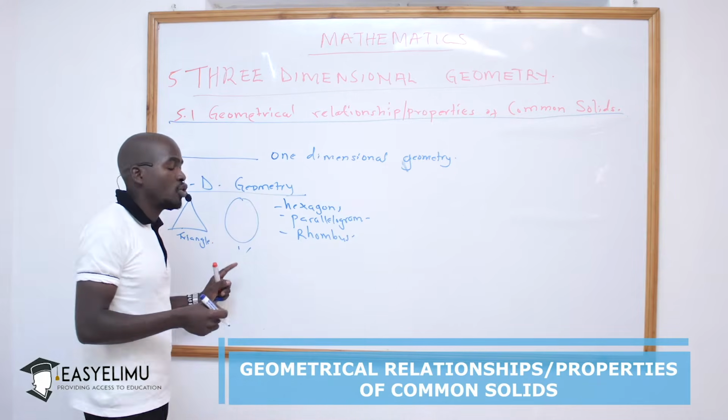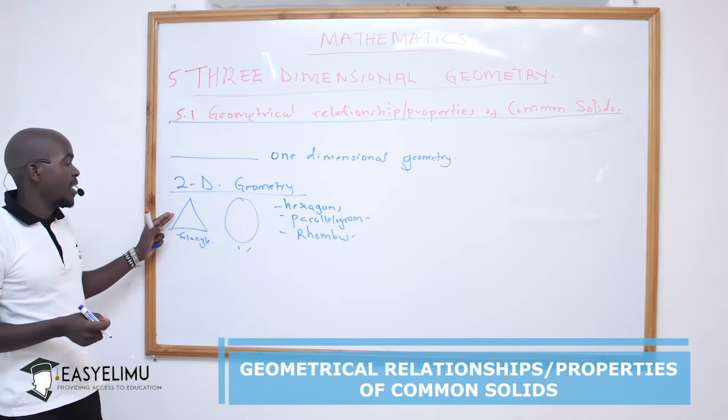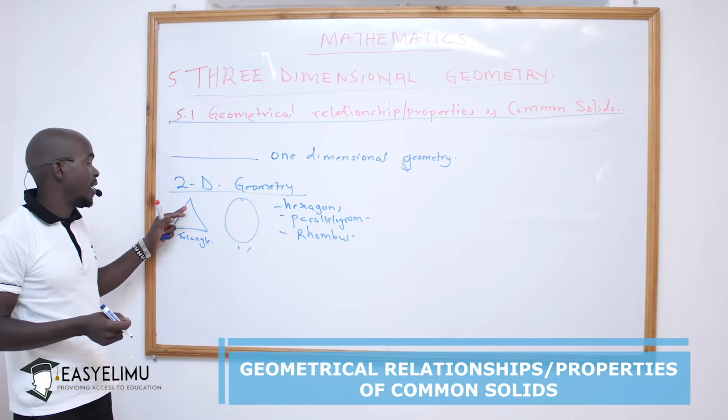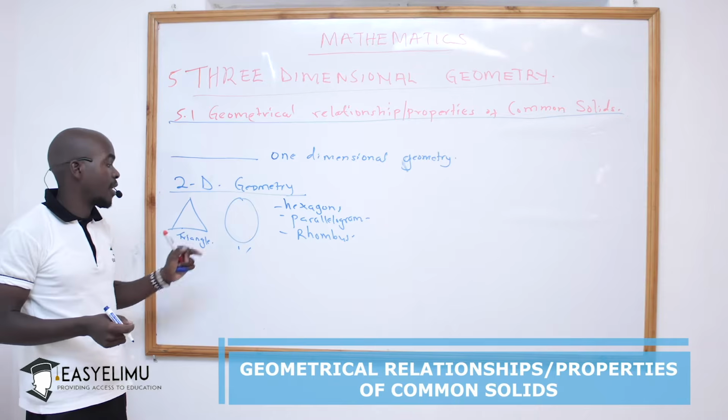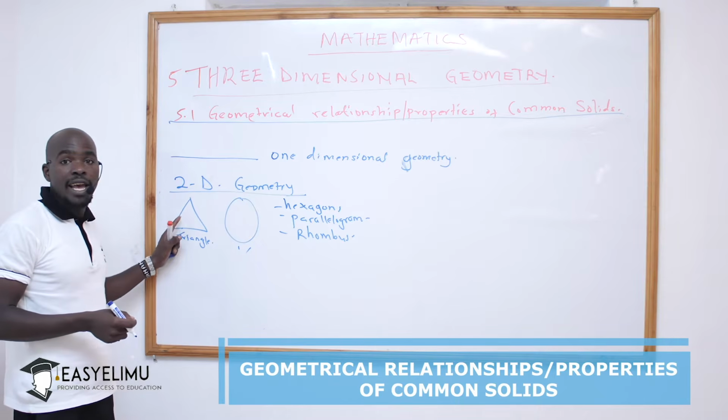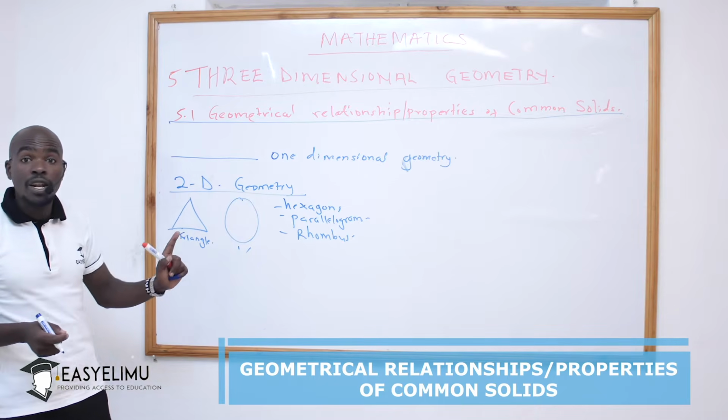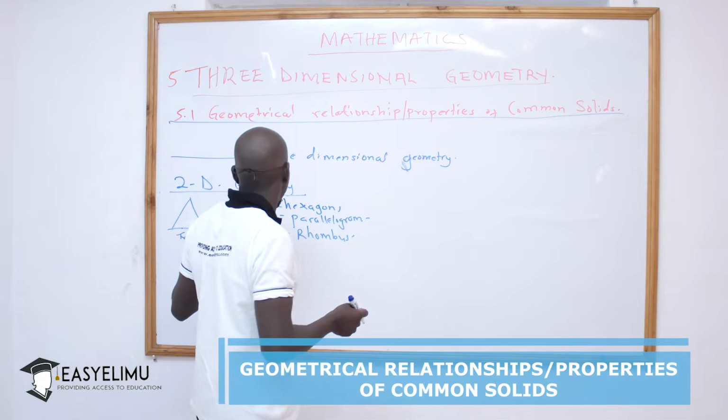They are two-dimensional. For example, this is a triangle, and this is a circle. We can obtain the area of this one, but it's only a two-dimensional geometry.